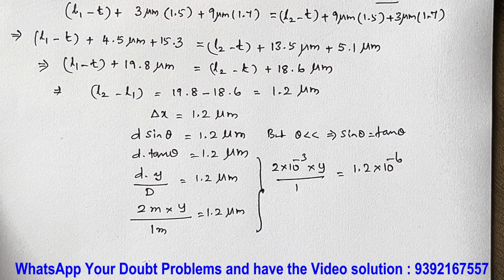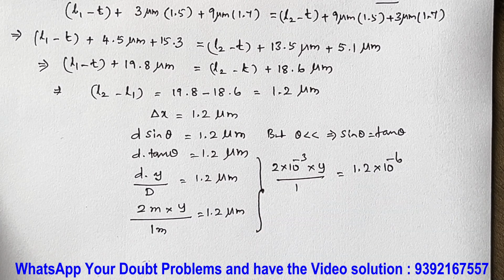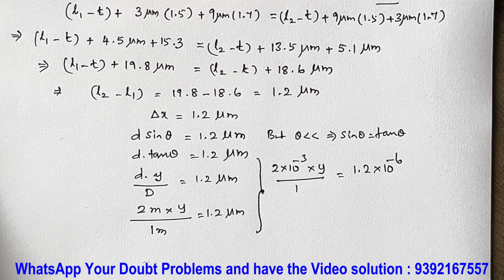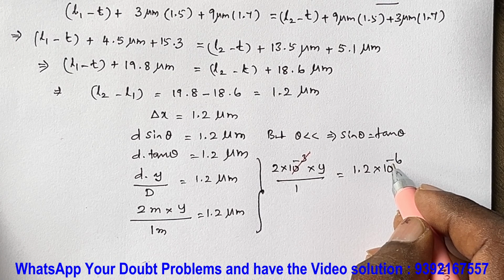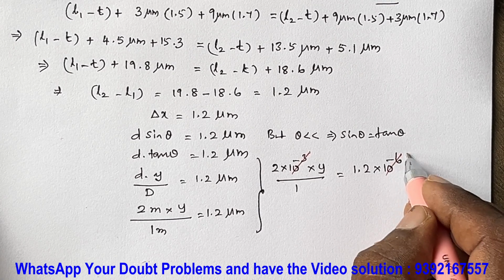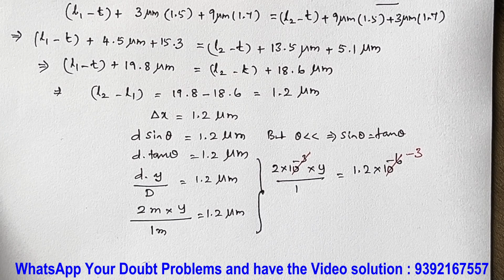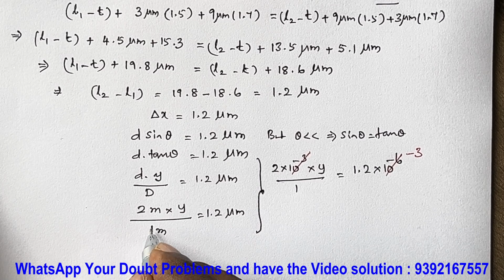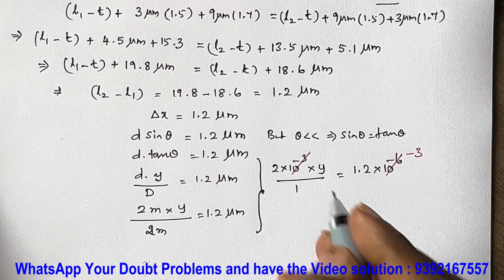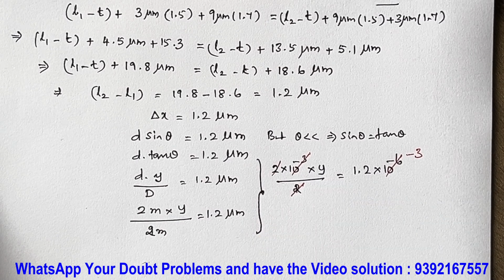So here 10 to the power of minus 3 and 10 to the power of minus 6 goes. This minus 3 will be here. This is D is equal to 2 meter here. So here this is 2. So 2 will cancel.